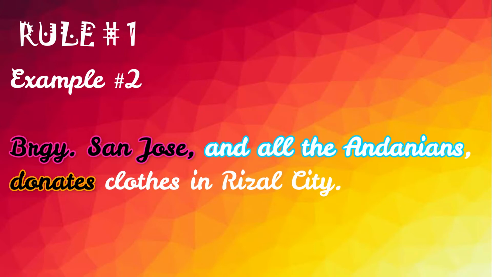So our parenthetical element here is and all the Andanians. Don't get confused if you see a comma with and. Our subject here is Barangay San Jose. As you can see, our subject is singular, so we also use a singular verb, which is donates.